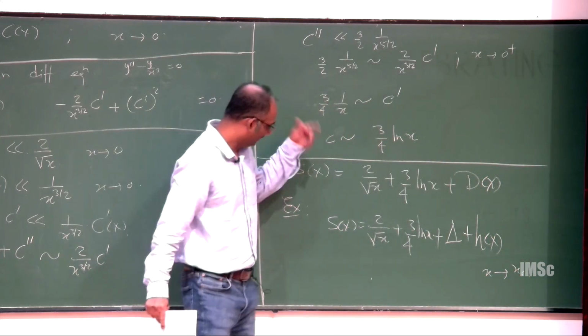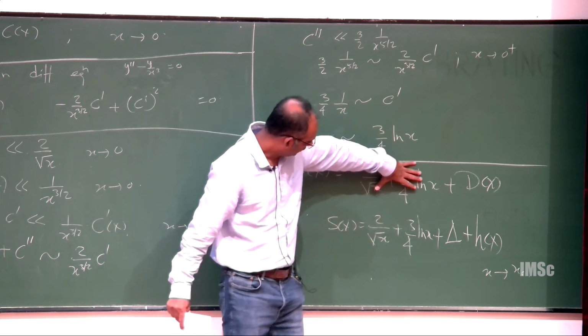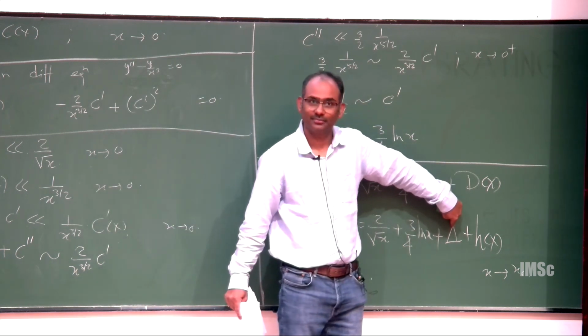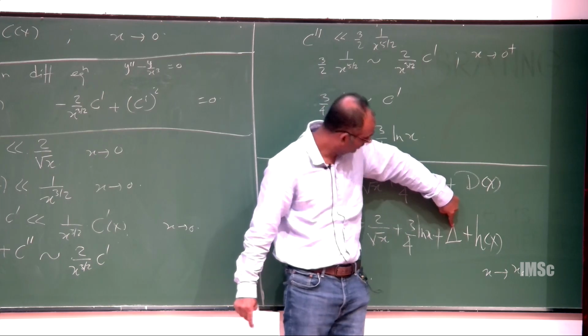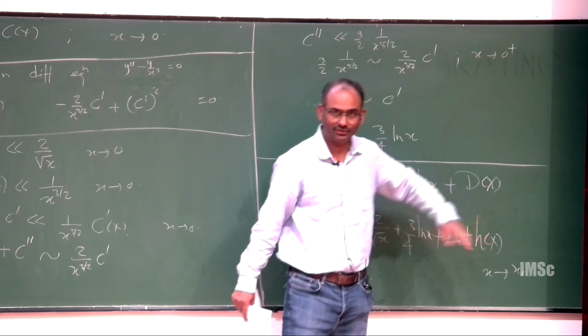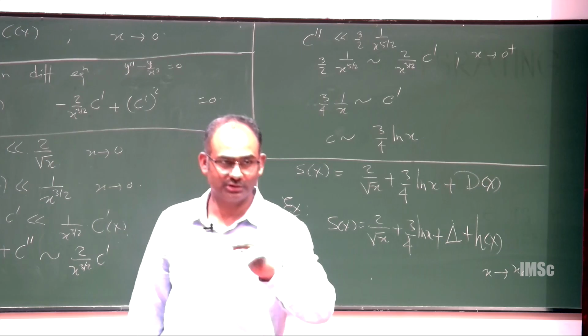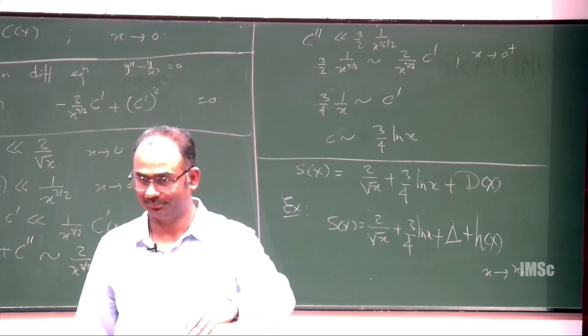So when you do this, repeat the analysis, you will get s of x to be these two terms, of course, plus a constant term, constant as x goes to 0, plus another function h of x, where h of x would have the following behavior. As x goes to 0, that function goes to 0.